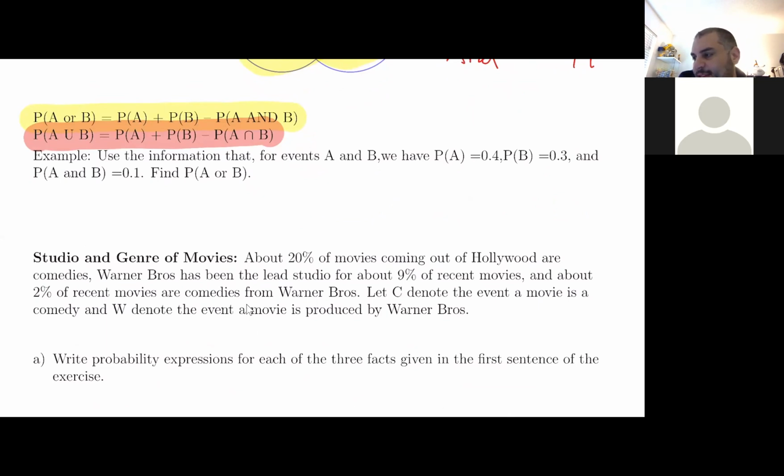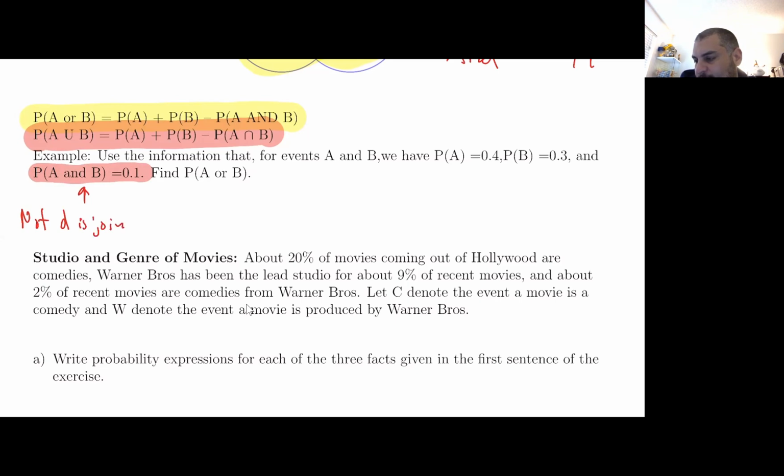One thing you should notice, hopefully: anytime they give us a probability of A and B, they're letting us know the events are not disjoint. Anytime they give us a probability of A and B, you should automatically know we're dealing with events that are not disjoint, so that means you have an overlap.